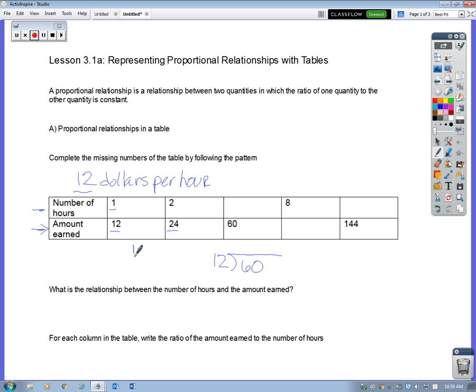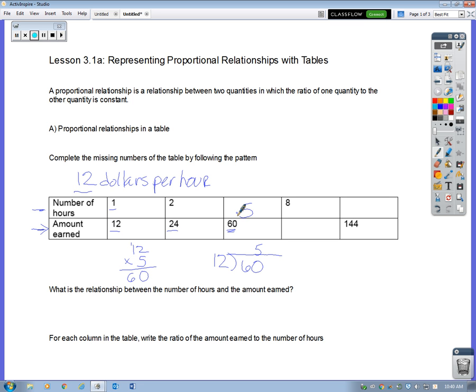Let's try 5. So 12 times 5. 5 times 2 is 10. Carry the 1. 5 times 1 is 5. So 60. So 12 goes into 60 5 times. So to earn $60, I have to work 5 hours.